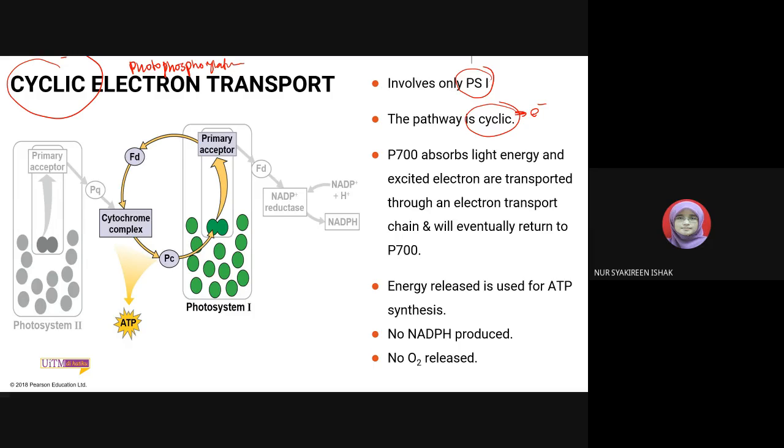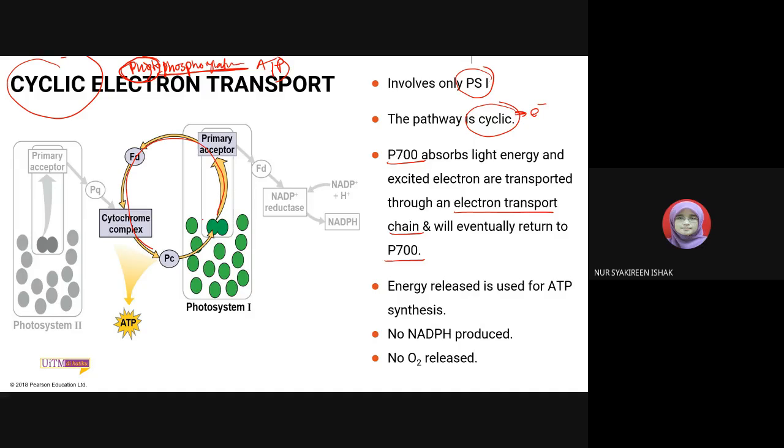Dia perlukan energy in the form of light energy untuk menghasilkan ATP. Okay. So cyclic hanya akan hasilkan ATP sahaja. So the P700 absorbs light energy and excites its electron, which is transported through an electron transport chain and eventually returns back to P700. So it is a cyclic process.